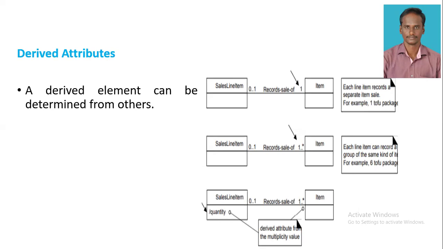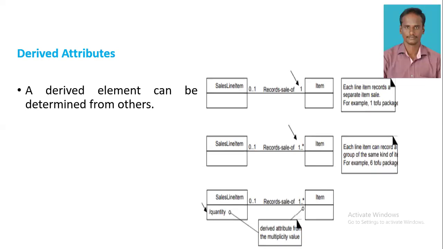For example, the first diagram shows that a sale line item records the sale of an item. Each line item records a separate item sale, for example one to many. A sale line item records the sale of one or many items, so here it has many items.